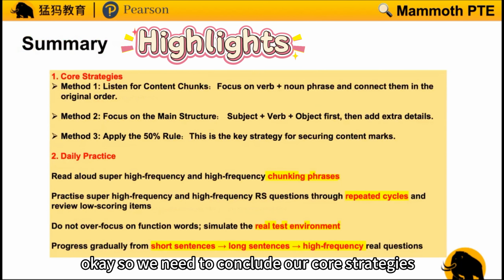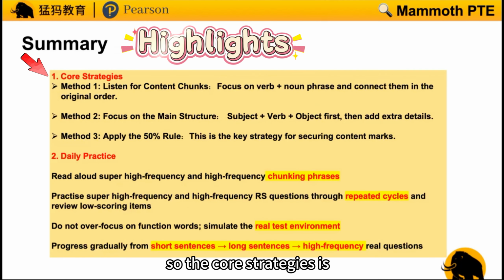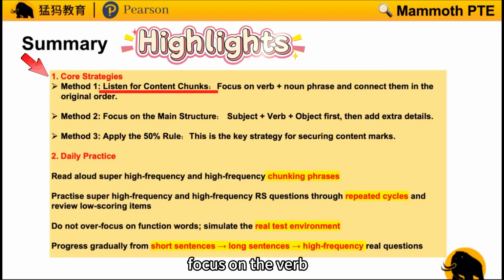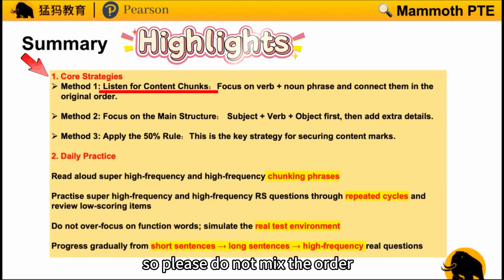Okay, so we need to conclude our core strategies and how we do our daily practice. The core strategies: method 1, listen for the content chunks. Focus on the verb and noun phrases and connect them in the original order. So please do not mix the order.